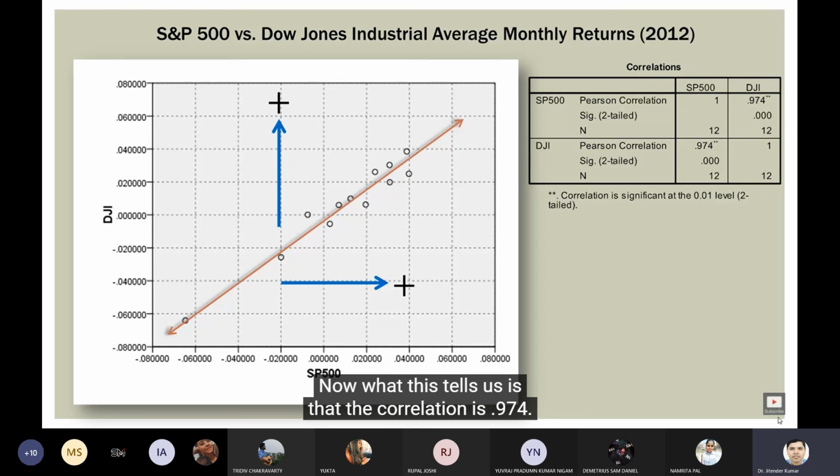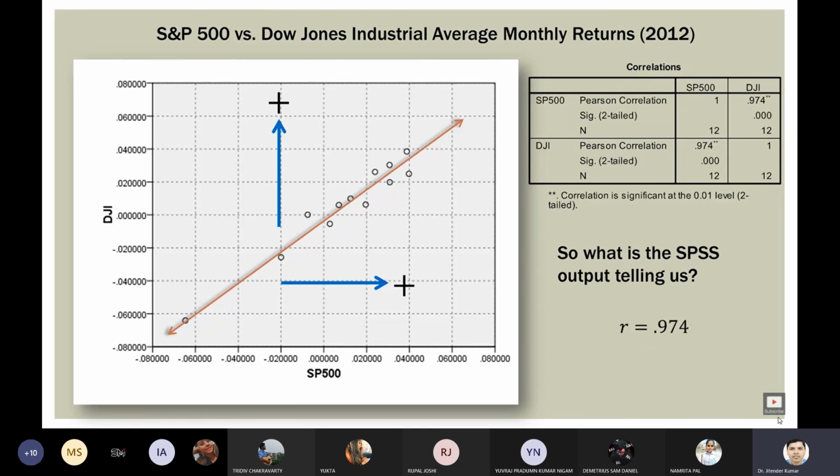Well, what this tells us is that the correlation is 0.974. So you can see that falls in the diagonals there from lower left to upper right. Now, you can see that the correlation between the S&P 500 and itself, of course, is 1, and the same holds true for the Dow Jones and itself.